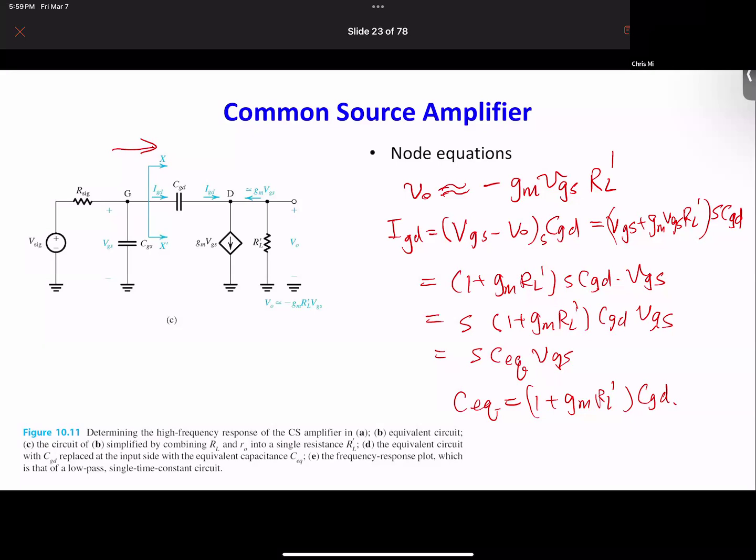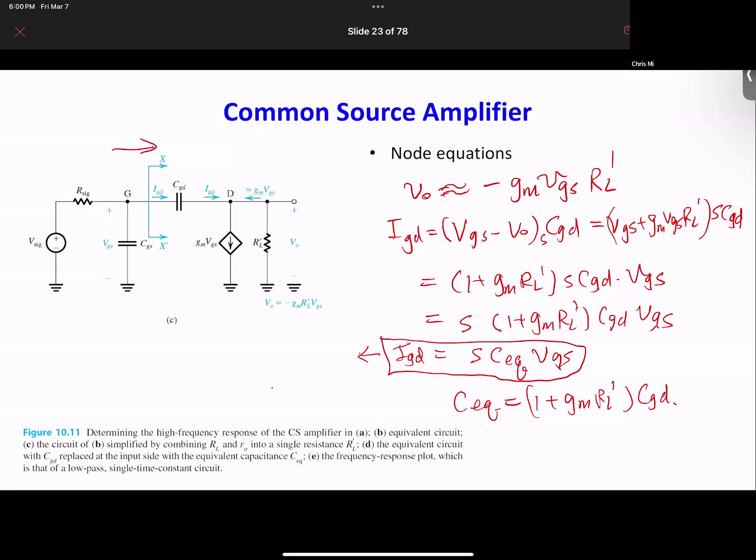Okay, so the next point, we find IGD. We found the current out here and the current out here, and we found our current here is a function of VGS. So if you look at this IGD equation, what do you think it looks like?